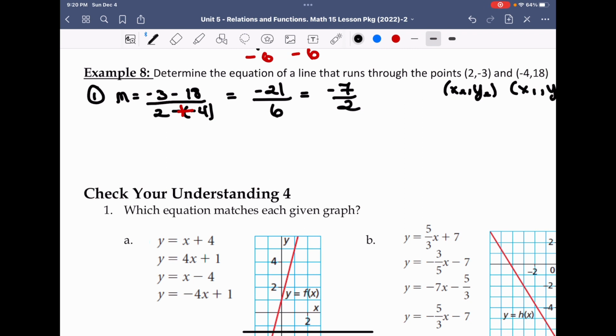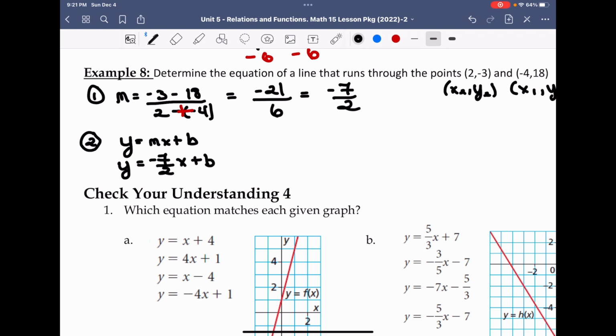All right, now we have a slope, we have points, we need our y-intercept. So in order to determine our y-intercept, let's set it up here. y equals mx plus b. We now know y is equal to the slope, negative 7 over 2, x plus b.